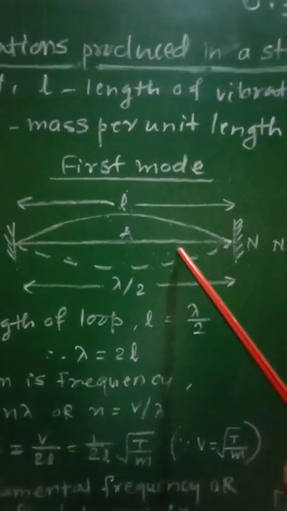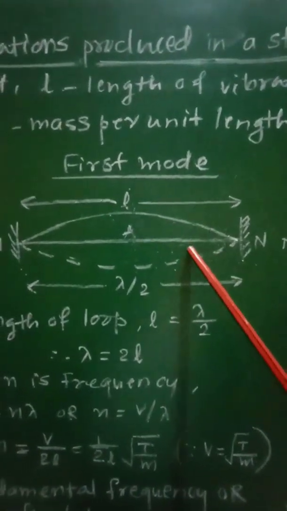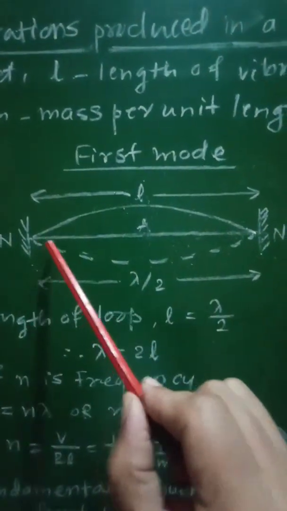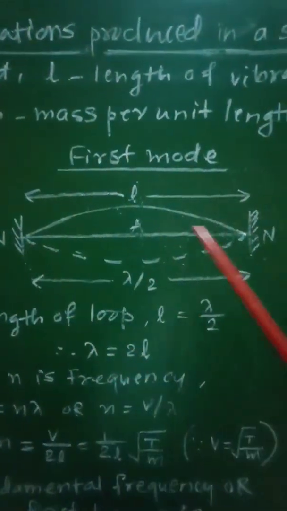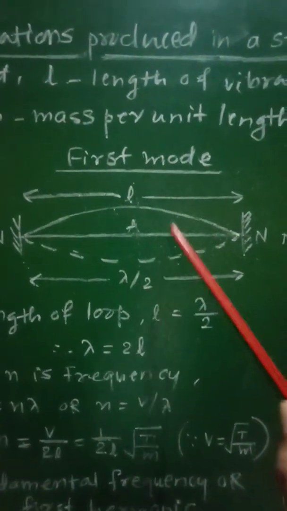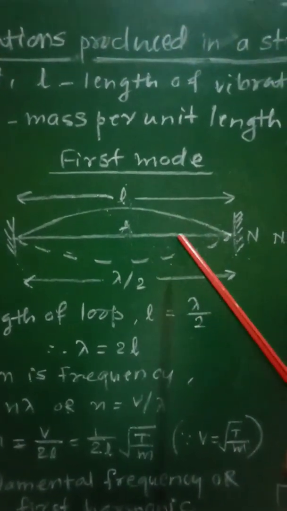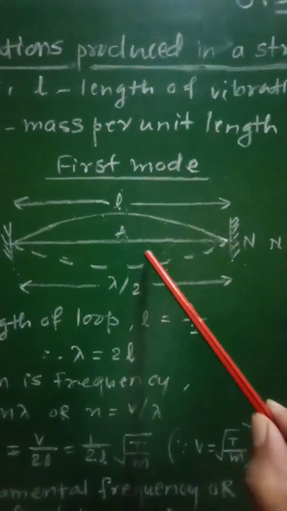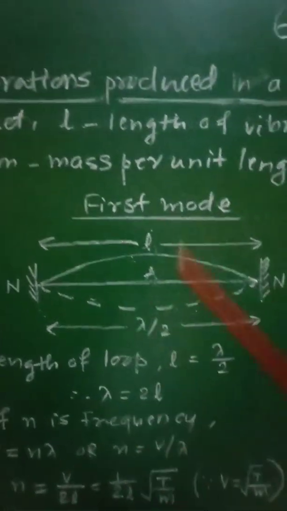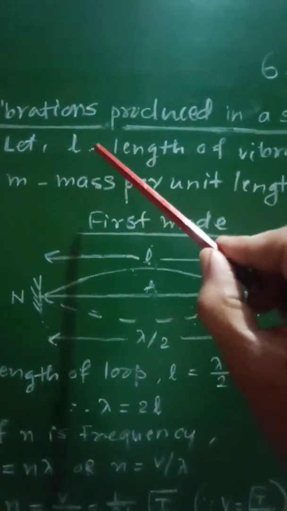There will be a change of phase equal to pi radians, and in this way the string stretched between two rigid supports will vibrate with different frequencies, that is, it will give rise to different modes of vibrations. In order to explain these vibrations, let us consider some of the terms.